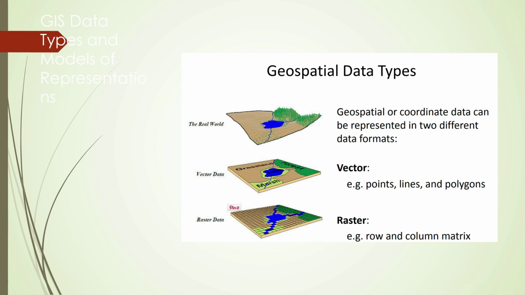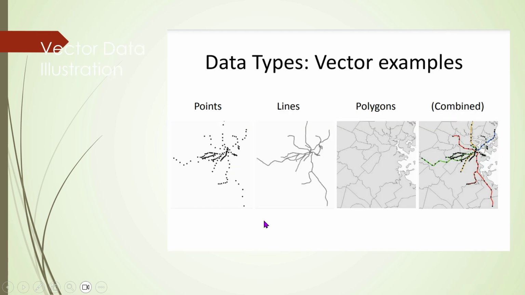While the raster form of representation uses a matrix of rows and columns. You can see the real world is produced as point, line, and polygon here, and then is produced as a series of rows and columns in the raster data capture.